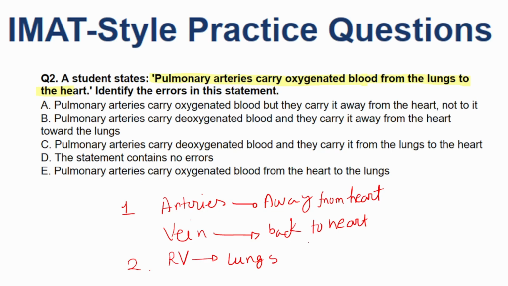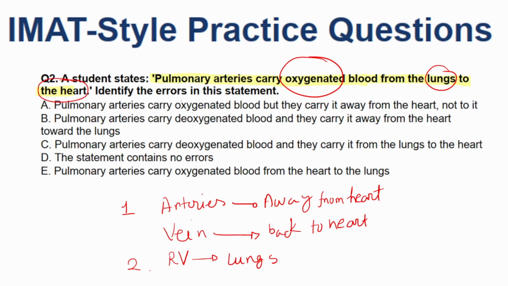When we look back at the student's statement, they actually made 2 distinct errors. First, they claim that pulmonary arteries carry oxygenated blood. In reality, because this blood is on its way to the lungs to pick up oxygen, it is completely deoxygenated. Second, they stated that these vessels travel from the lungs to the heart because they are arteries.